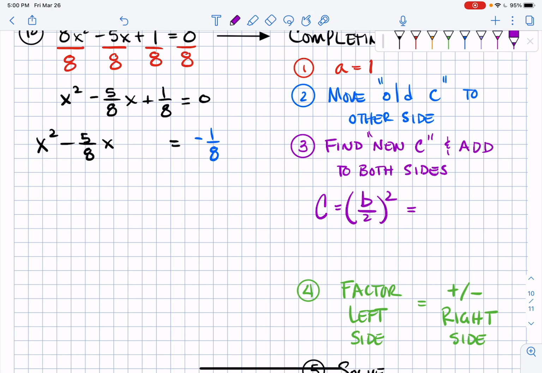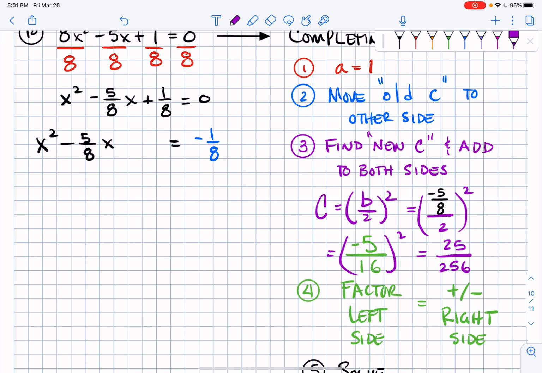All right, step 3, find a new c. So c is negative 5 over 8 divided by 2 squared, which is equal to negative 5 over 16 squared, which is equal to 25 over 256.